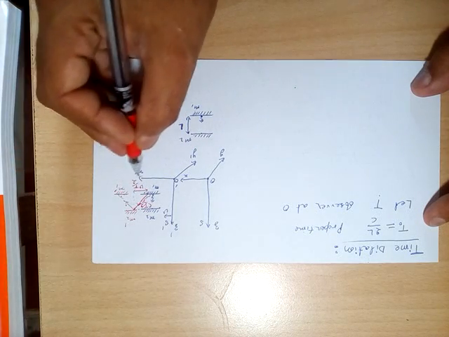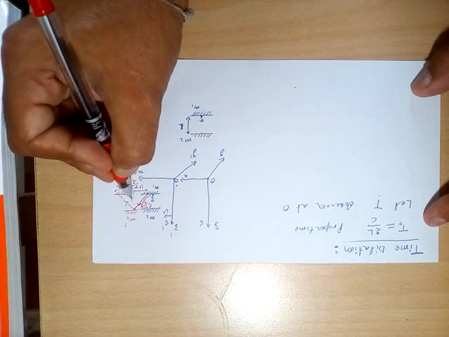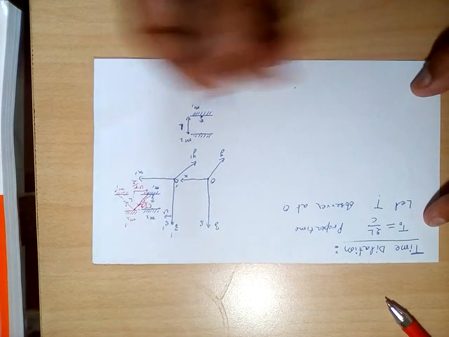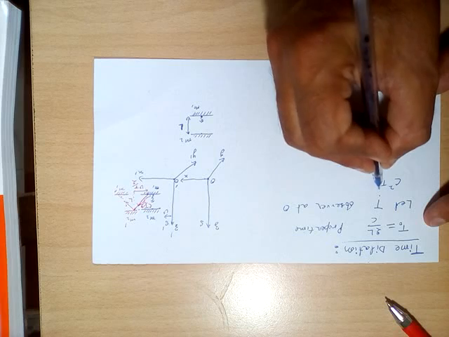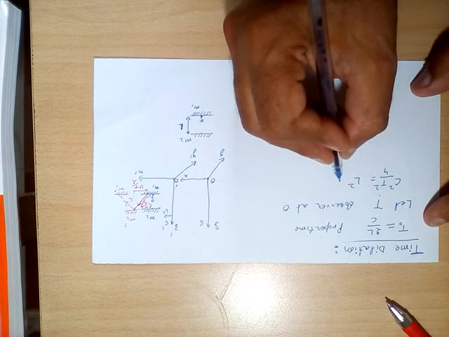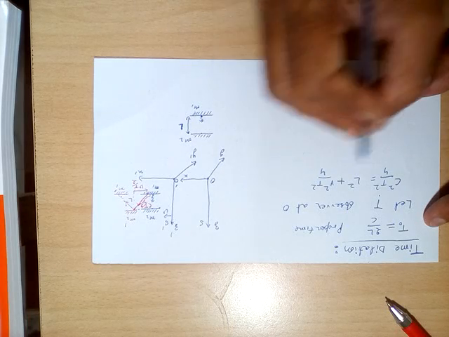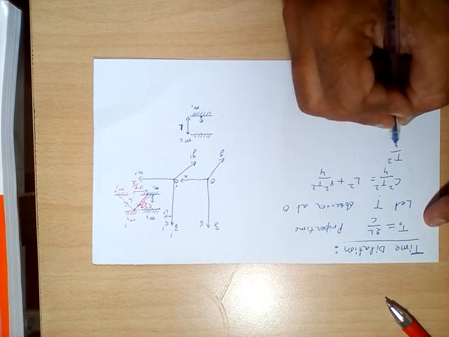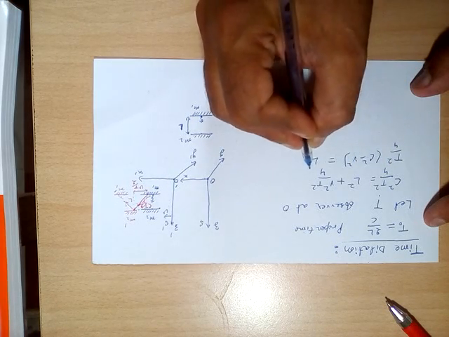So by using the Pythagoras theorem, and we know that the separation between the two mirrors is L, we can write c square T square by 4 is equal to L square plus v square T square by 4, or T square by 4 into c square minus v square is equal to L square.